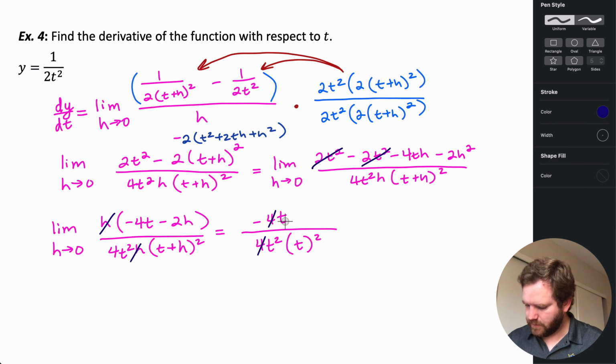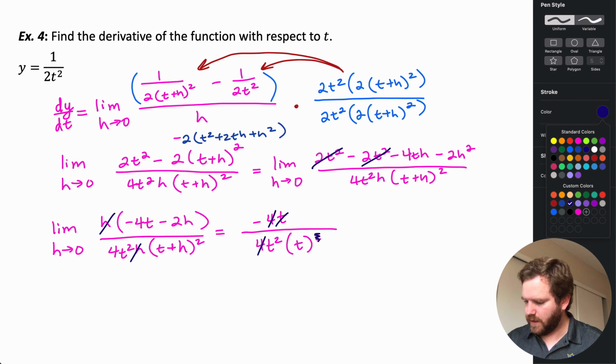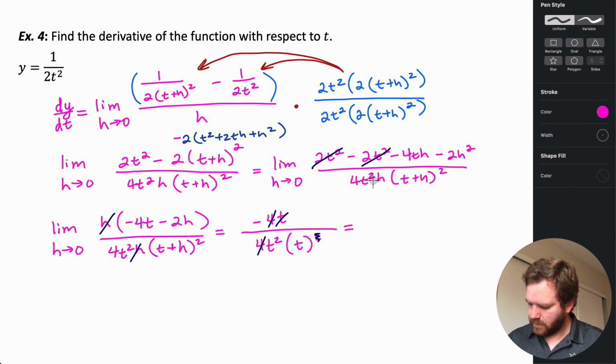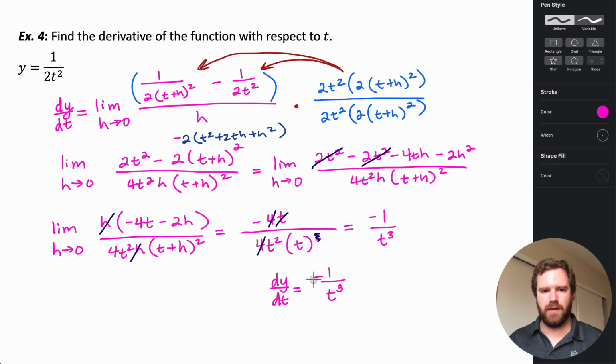The 4's will cancel, and then this t can cancel with one of these, leaving me with negative 1 over t to the 3rd. So our derivative, dy dt, is equal to negative 1 over t to the 3rd power. So that would be the derivative of this function with respect to t.